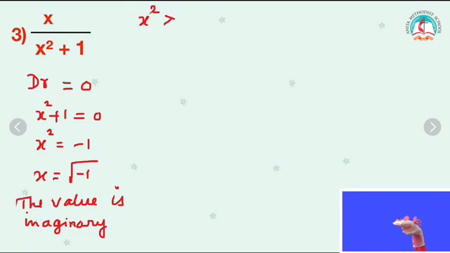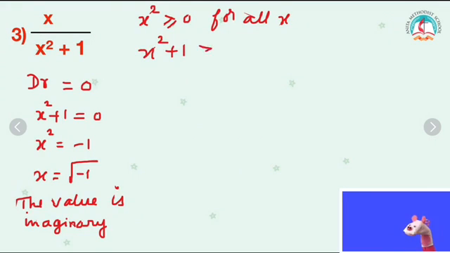You will study all about this in your higher classes, children. So next, x square is greater than or equal to 0 for all x. So x square plus 1 is greater than or equal to 0. If I substitute 0 in the place of x, what will I get? 0 plus 1 equal to 1.